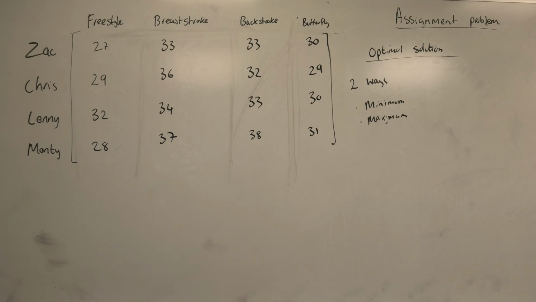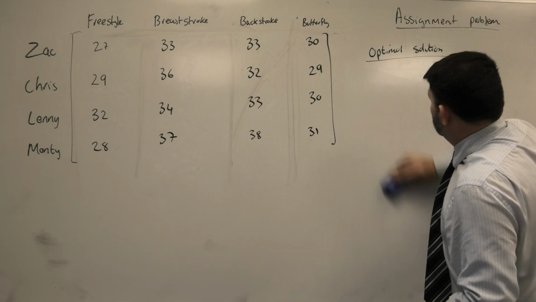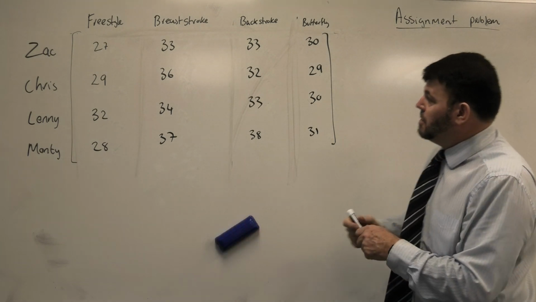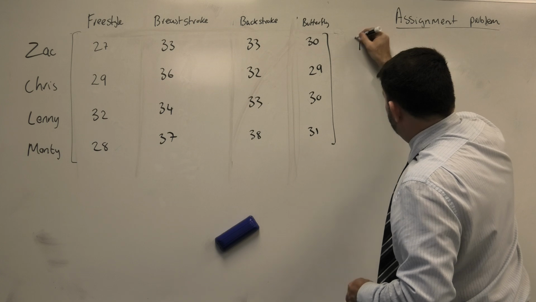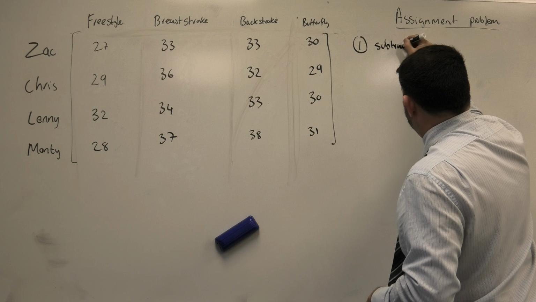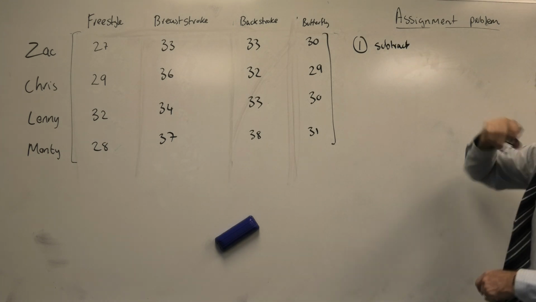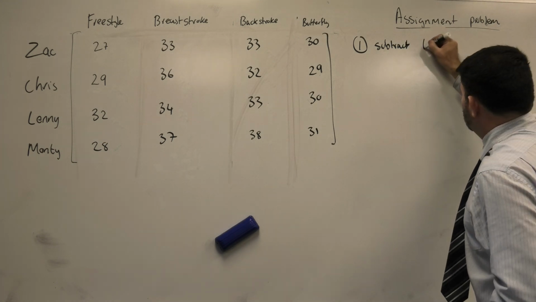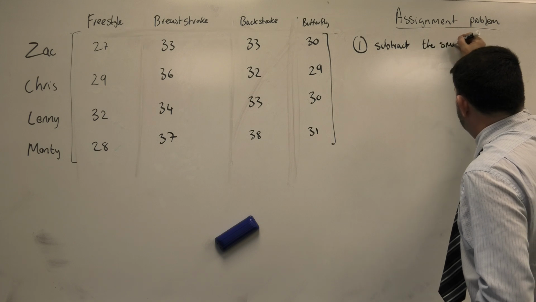So we know that this first one is a minimum. The first thing we do when we find our minimum, step 1, is we subtract the smallest value from each row. You don't have to write this down because I'm going to give it to you with written details.